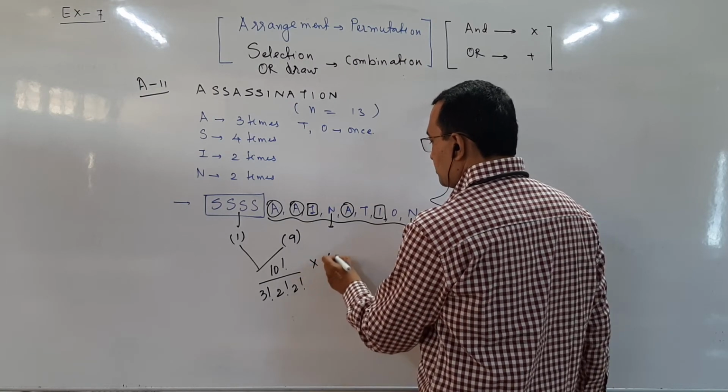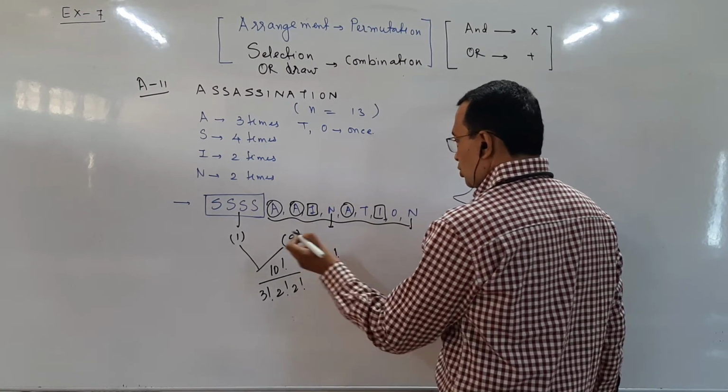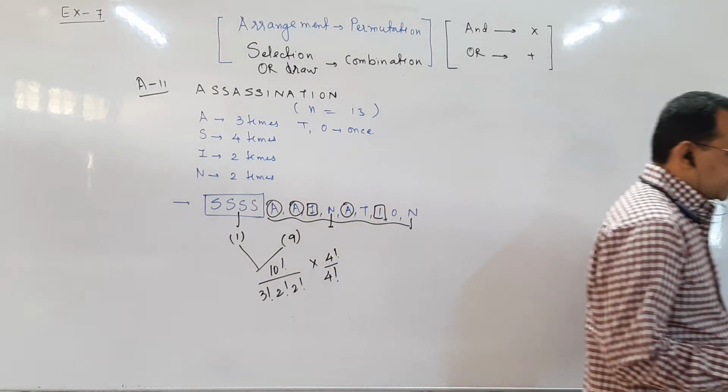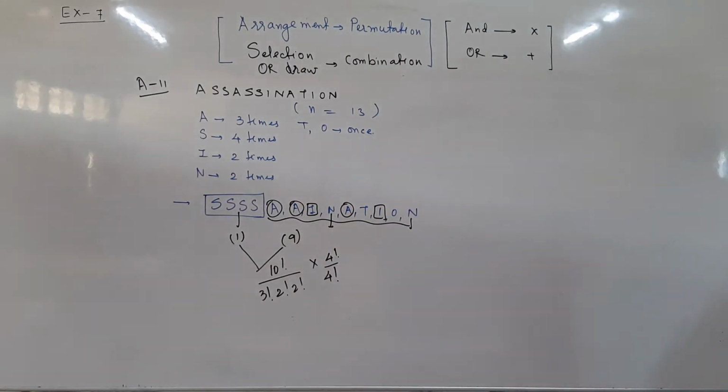Now internal arrangement of the group. In the group we have 4 S's, so 4 factorial, but all these are repeated, so divided by 4 factorial. So, this is very simple, students. This is very interesting, and this is now very easy also. Simplifying this, the number comes out to be 1,51,200.